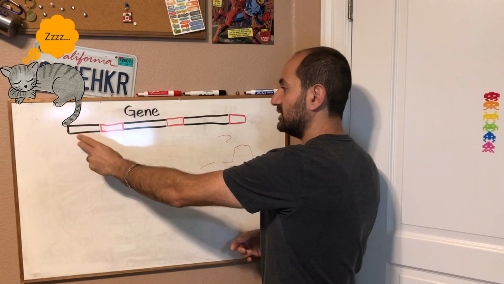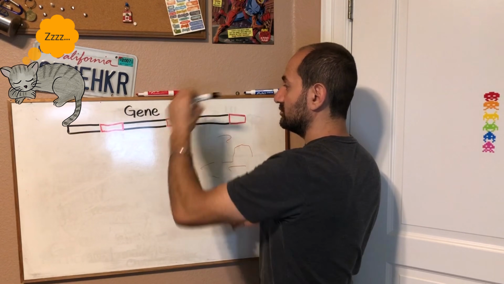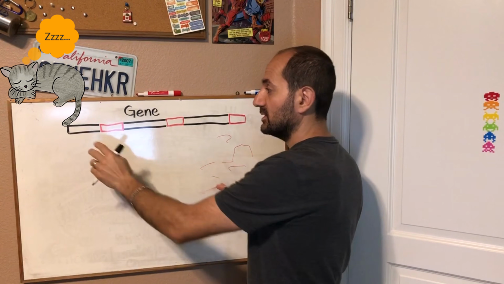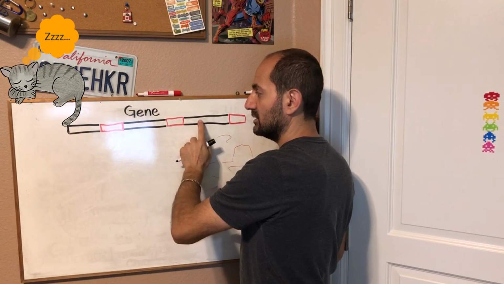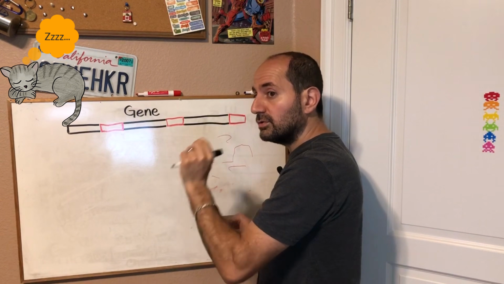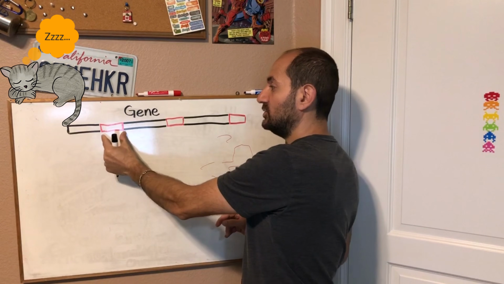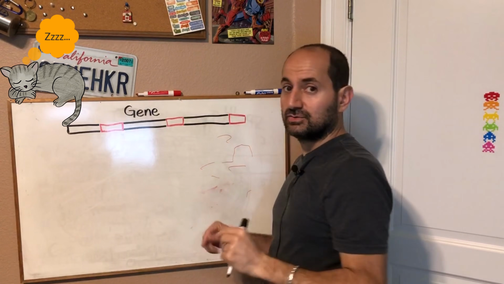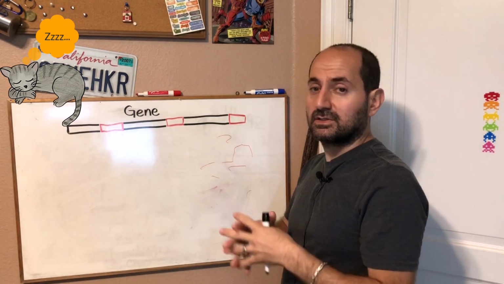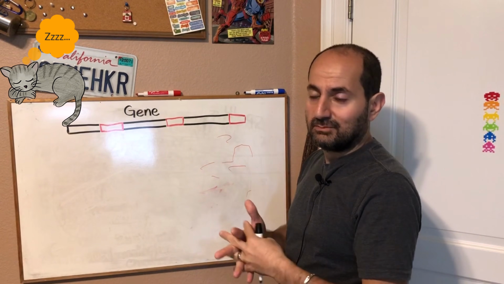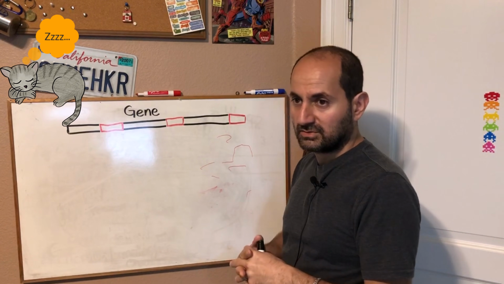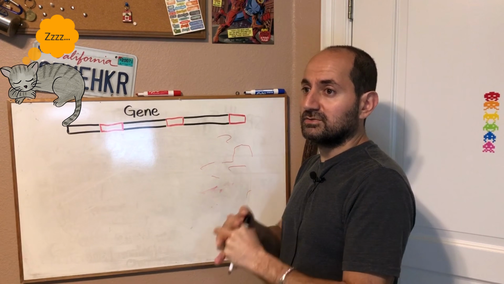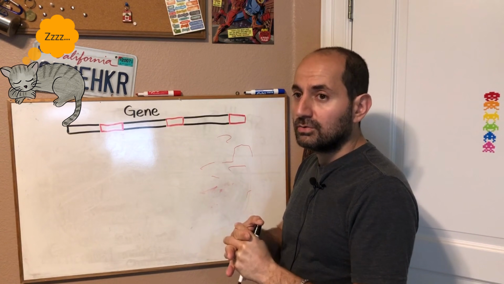So what you need to understand is that in eukaryotes, and not prokaryotes, there are parts of the gene that actually code for protein, and then you have parts of the gene, which I drew here in red, that don't. They're filler. They used to call it junk DNA, but now we know it has other functions besides coding for protein, but it's not parts of the gene that actually code for protein.